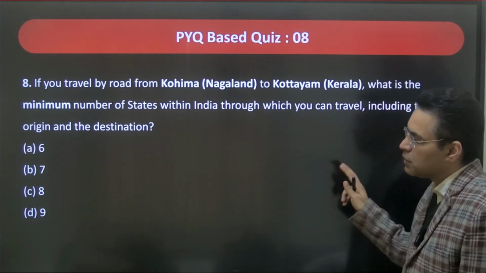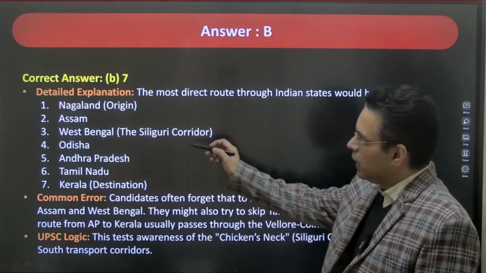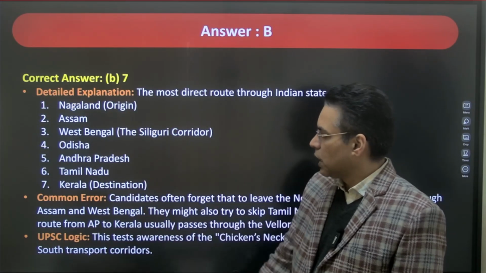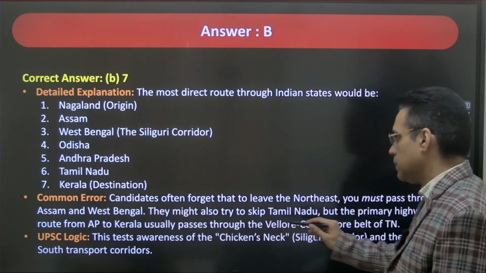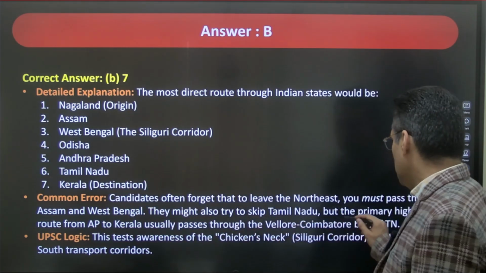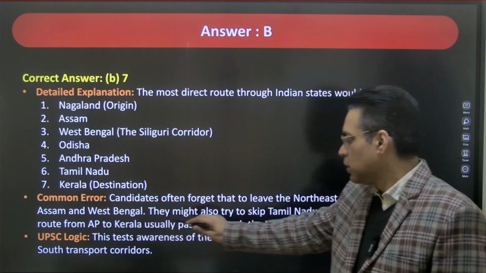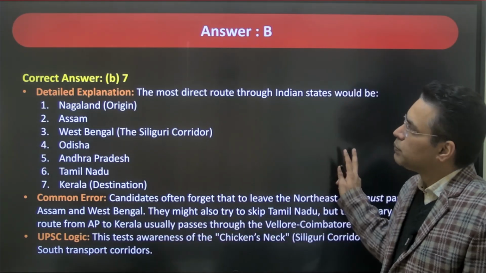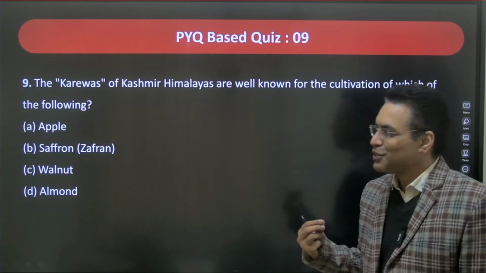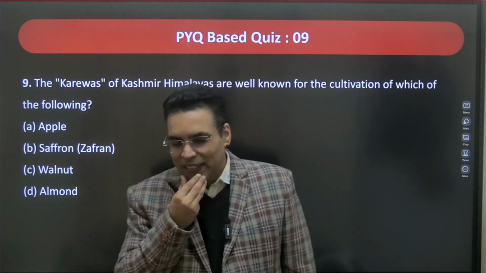A lot of people will come to 6, but the answer is 7. Nagaland, Assam, West Bengal, Odisha, Andhra Pradesh, Tamil Nadu, and Kerala. Because when you go from Andhra Pradesh to Kerala, you will also pass through Tamil Nadu, because the primary highway route from Andhra Pradesh to Kerala usually passes through the Vellore-Coimbatore belt of Tamil Nadu. So this is where UPSC might ask questions at a very basic level.